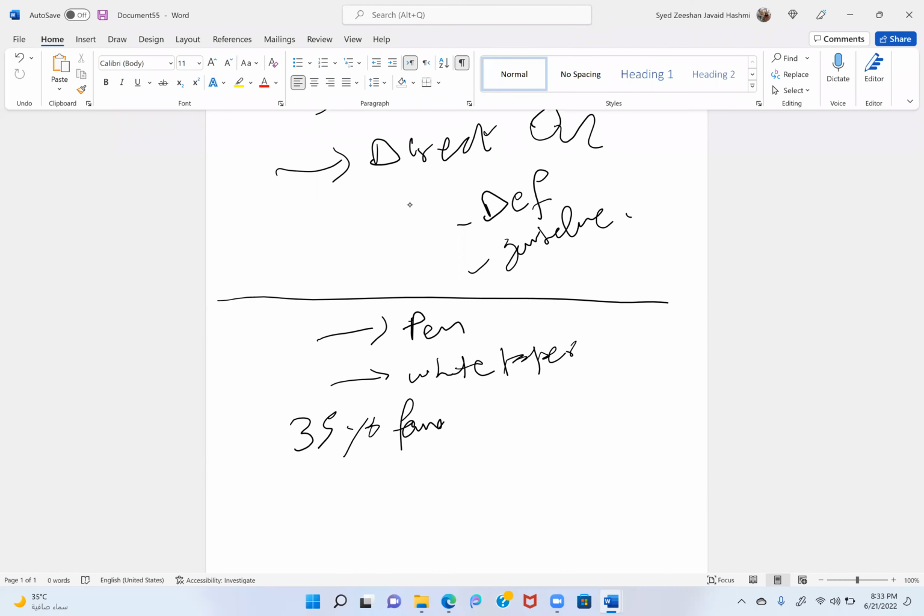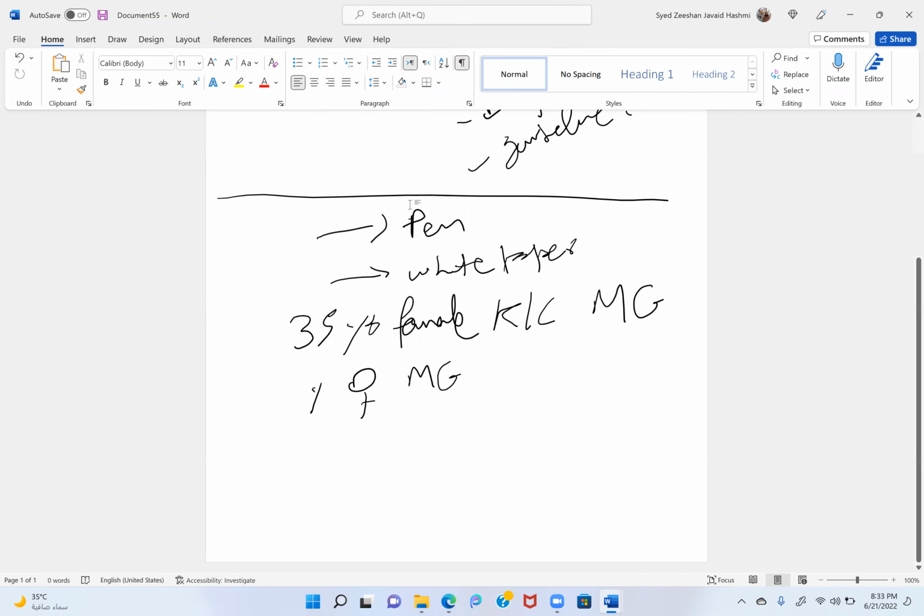For example, I'm telling you there is a 35-year-old female, a known case of myasthenia gravis. If you make notes like this, female, in shorthand, 35, young, and MG, try to note down the data whatever they are telling. Don't waste so much time. You can even write while looking at the examiner.